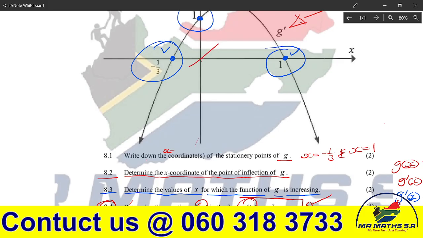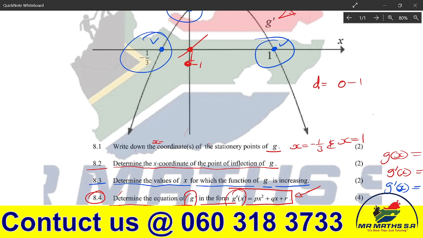It shows that it was previously below. So if it moved 1 unit up, you take it 1 unit down to get your y-intercept, to get your d. So your d will be 0 minus 1. Simple, if you understand it like that.